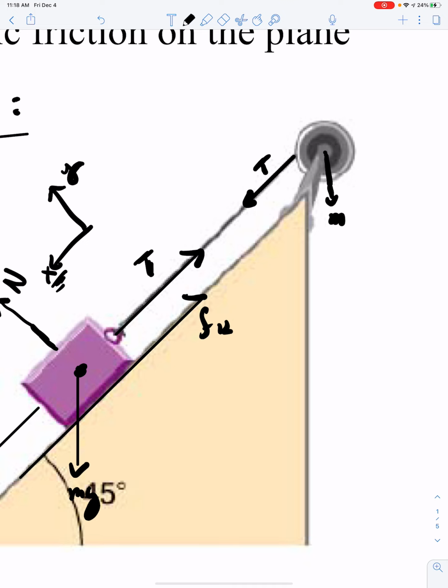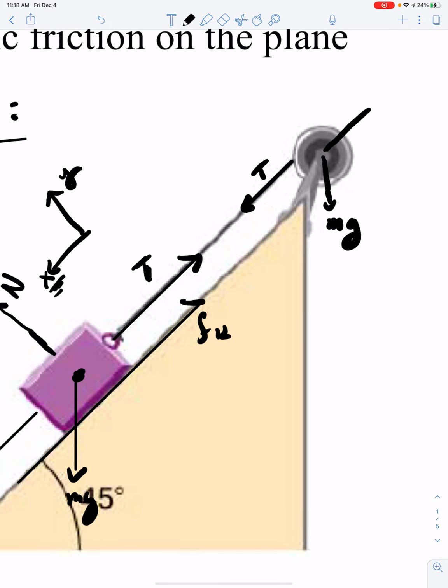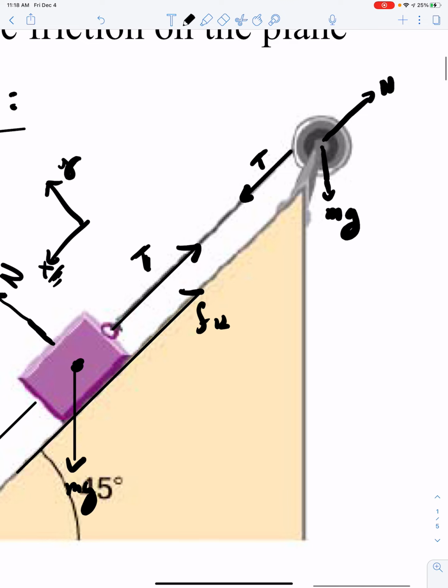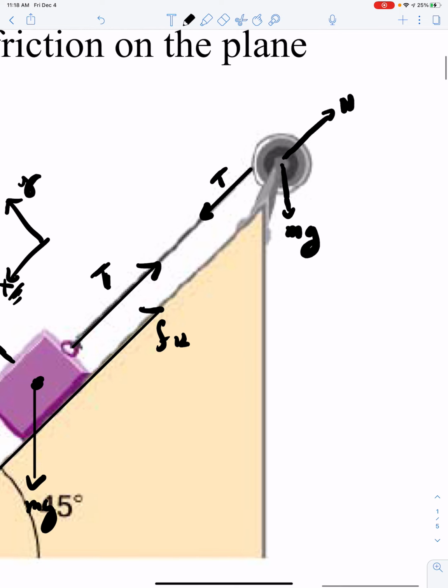So we still have weight that is acting on the pulley, and then there's still normal force acting away from the pulley to make sure that it is still experiencing a contact force. But the key here is definitely the tension.